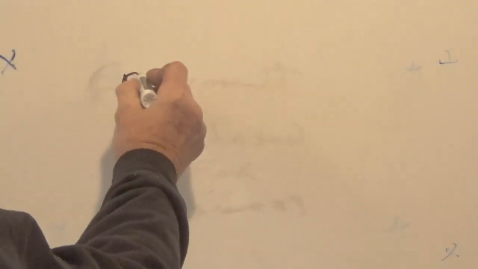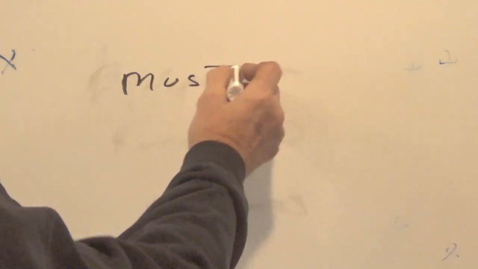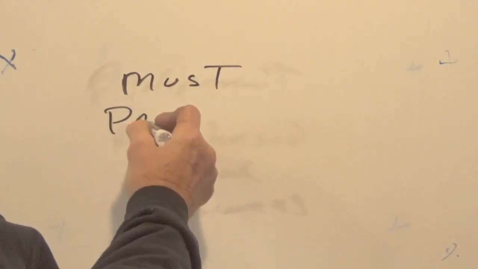Now, what I'd like you to know is that all equipment that you buy, all of it, from the smallest phone to the biggest piece of heavy equipment, must pay for itself.